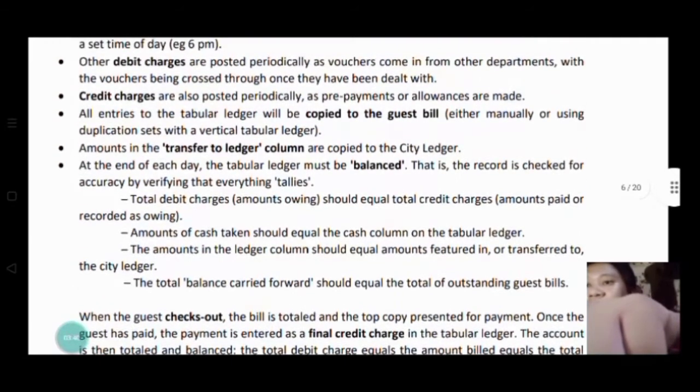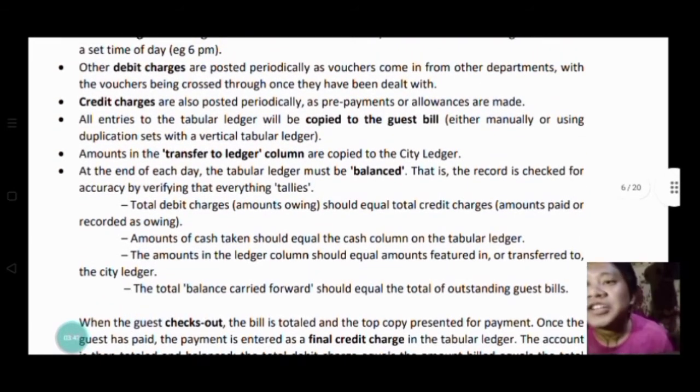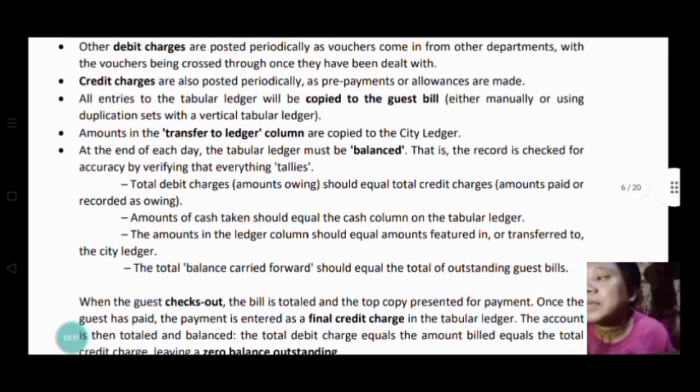And then, credit charges are also posted periodically as prepayments or allowances are made. So these are the final vouchers before settlement of payments.